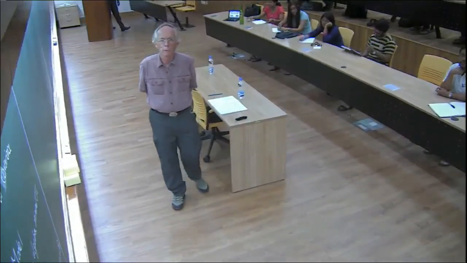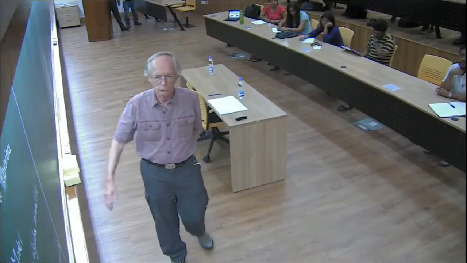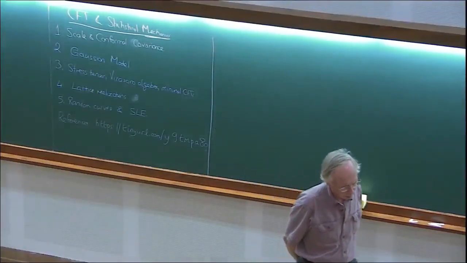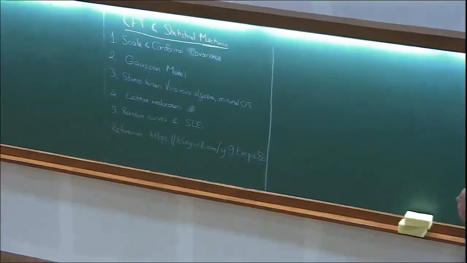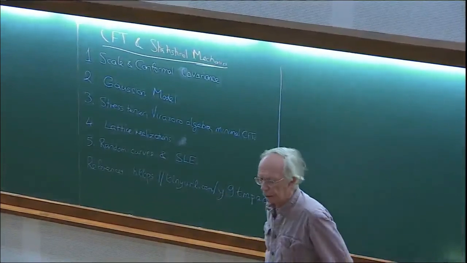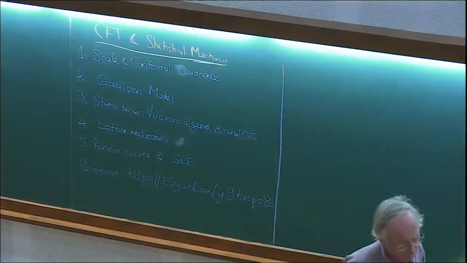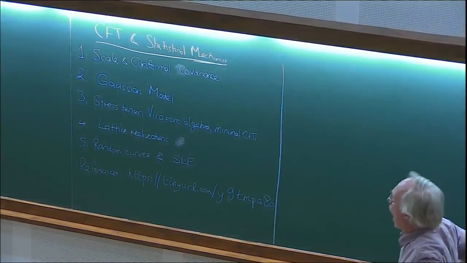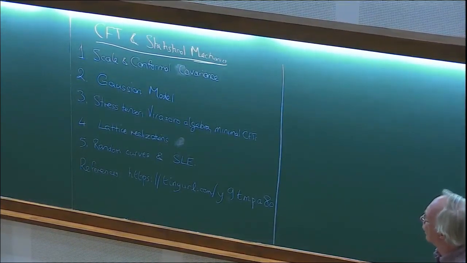Anyway, so I've got 5 items here. I'm not quite sure whether these are the 5 lectures, but more or less I'll be talking today about basic ideas of scale invariance at a critical point and how this gets promoted to conformal covariance, and I'll talk about some very simple consequences.